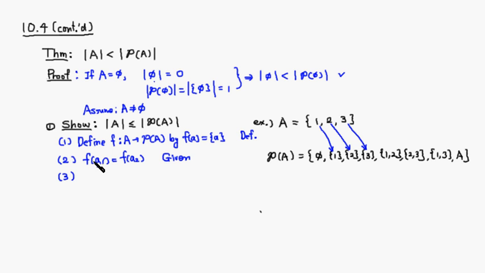By definition of the function, f of A1 is the set with just A1 in it, and f of A2 would be the set with just A2 in it, right? This is using the definition from line 1, and of course using the fact that f of A1 is equal to f of A2, so I'm using line 2.